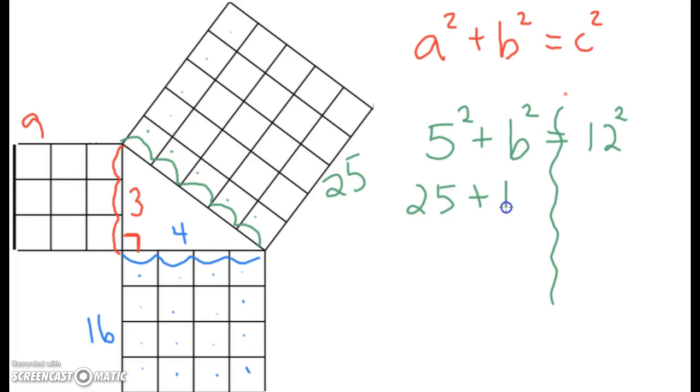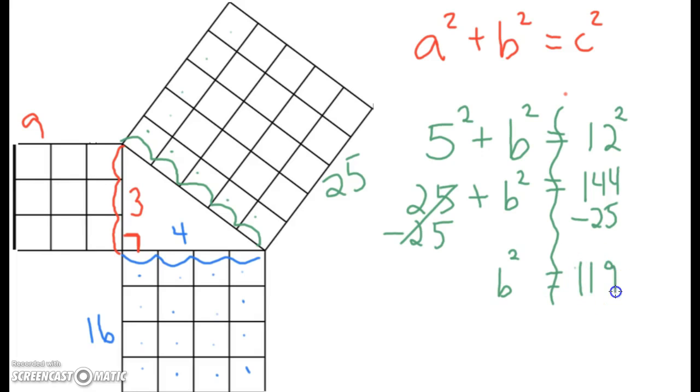I don't know what b is, so I'm just going to write b squared. And 12 squared is 144. And then you're just solving a two-step equation. So you subtract 25 from both sides. You get b squared is equal to 144 minus 25, which is 119.